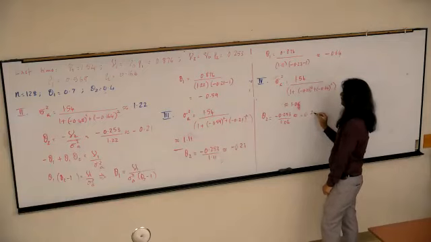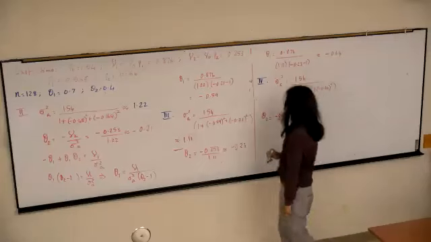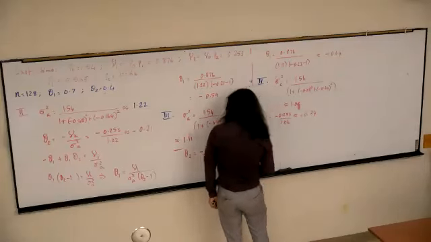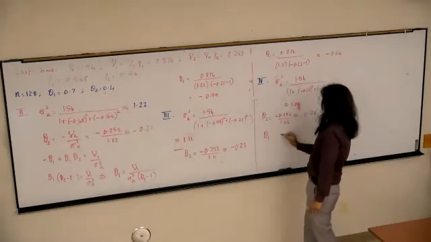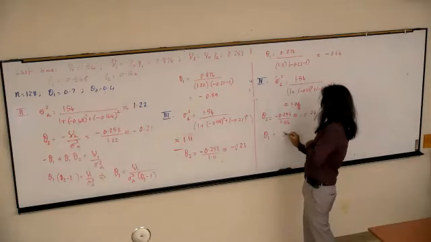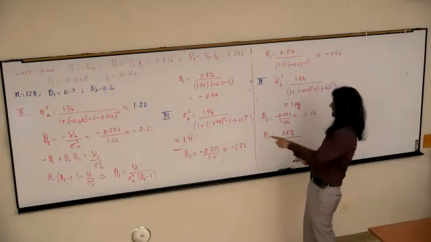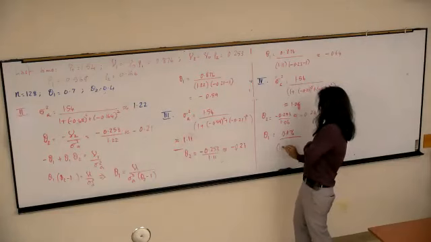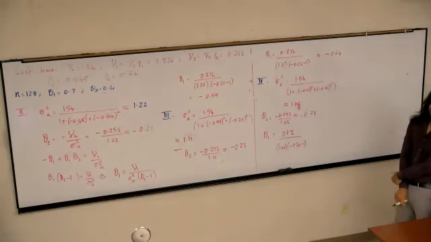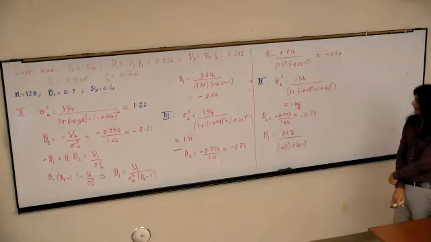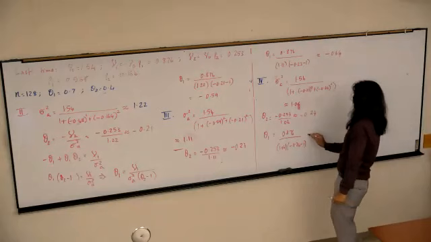Theta 1 is gamma 1, 0.876 divided by sigma squared A, 1.06, times theta 2, negative 0.24, minus 1. What do we get? Negative 0.67.